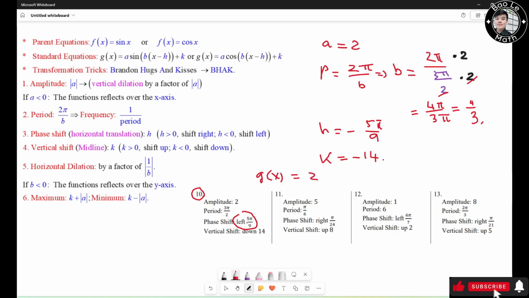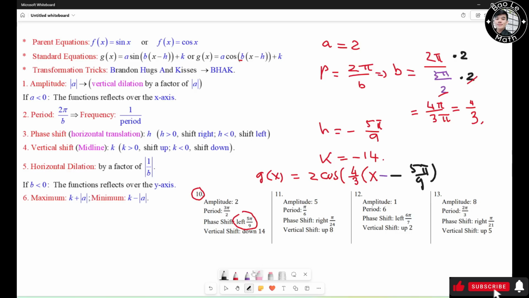right? Oh, I forgot to mention, you need to write all cosine functions for numbers 10, 11, 12, and 13, right? So cosine of b, where b equals 4 over 3, right? So 4 over 3 times s minus h, where h equals -5 pi over 9, right?